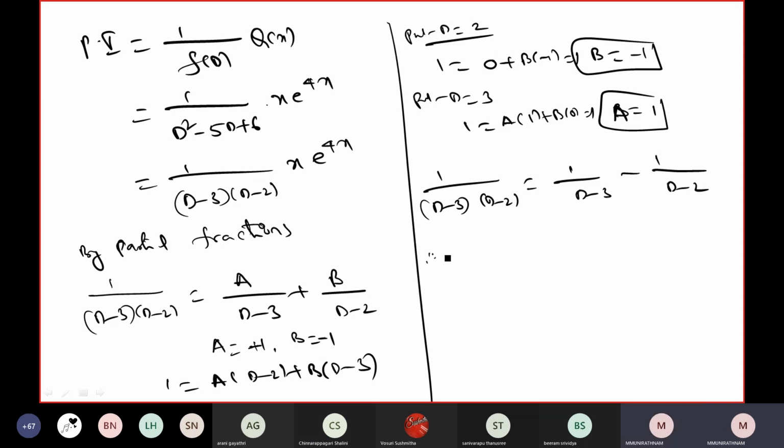So therefore pi is 1 by d minus 3 x e power 4x minus 1 by d minus 2 x e power 4x.